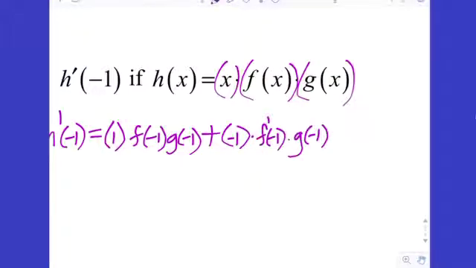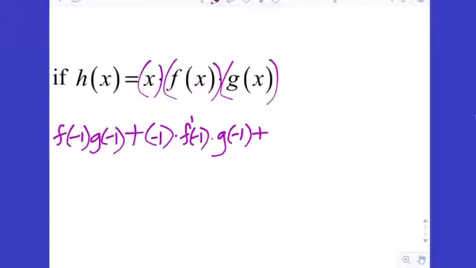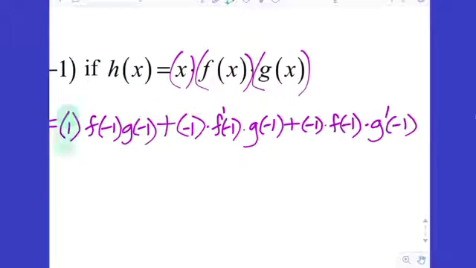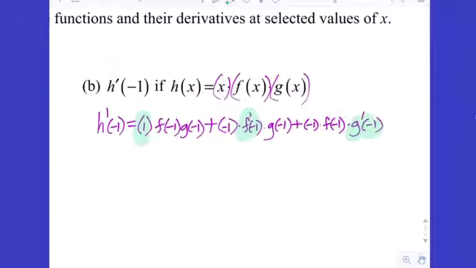And then finally, the last one is going to be plus x, which is negative 1, times f of x, which is now f of negative 1, times the derivative of g, which is g prime of negative 1. So when you go through, make sure you're taking the derivative of the first, then the second, and then the third.